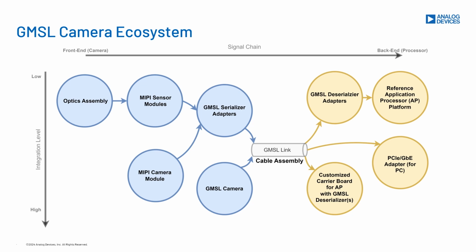On the deserializer side, there are various platforms to choose from to support quick system prototyping using GMSL-enabled adapter boards to a reference SoC platform, or a PCIe or Gigabit Ethernet adapter board use GMSL with an x86 PCs.